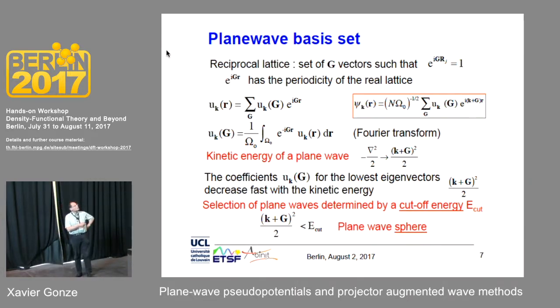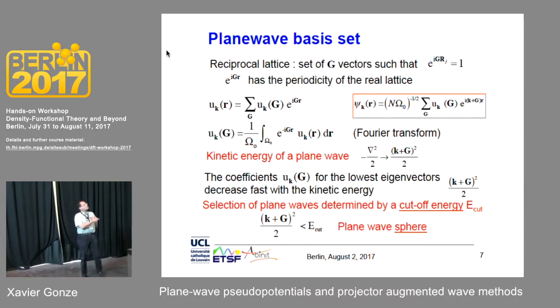Indeed, when you consider the kinetic energy of a plane wave, which is like this in the case of the Bloch function, not simply its periodic part, it can be seen that each plane wave, when this operator is applied, becomes simply itself multiplied by |k+G|² divided by 2. So plane waves are eigenstates of the kinetic energy operator with such eigen energy.